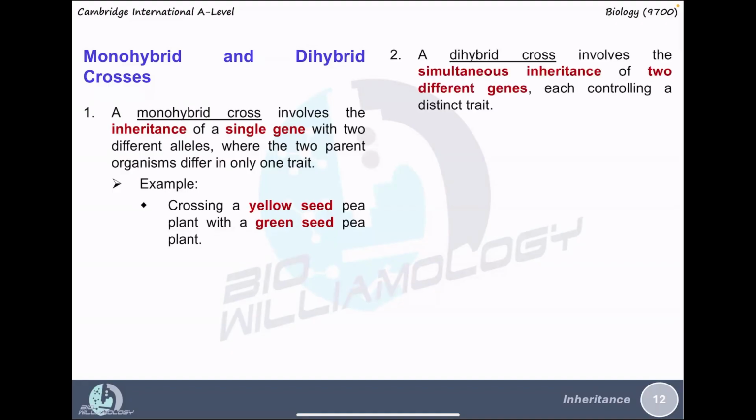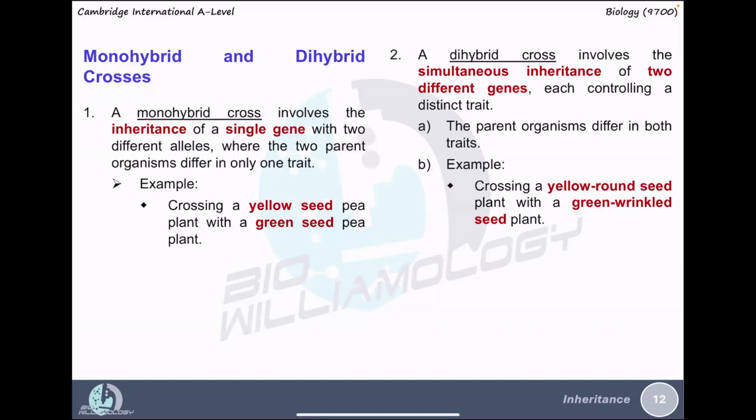A dihybrid cross involves the simultaneous inheritance of two different genes, each controlling a distinct trait, so the parent organisms differ in both traits. For example, we can cross a yellow round seed plant with a green wrinkled seed plant. In this case, we are studying two different traits: the seed color, yellow or green, and the shape of the seed, whether round or wrinkled.